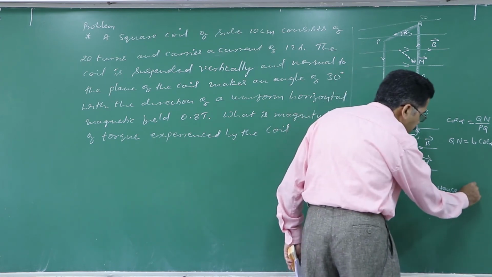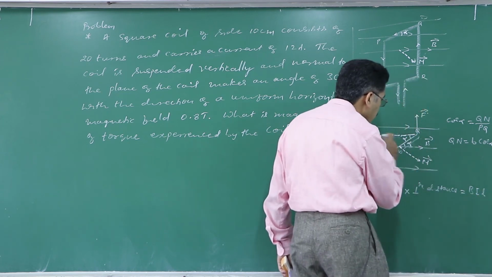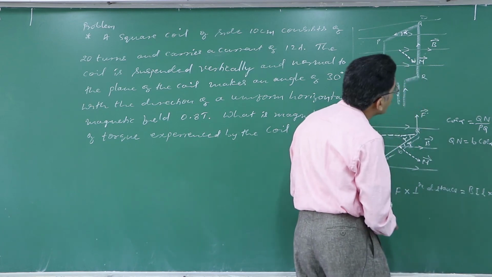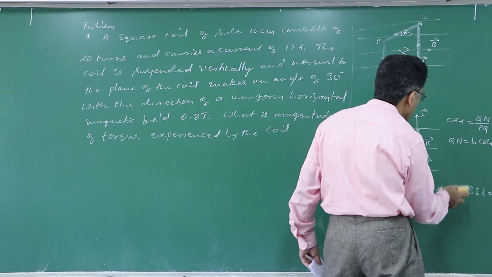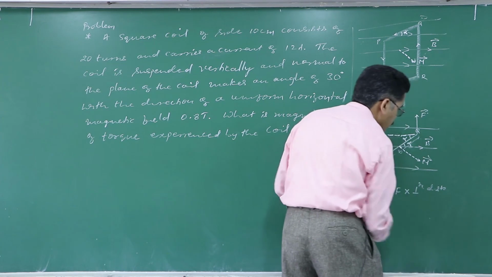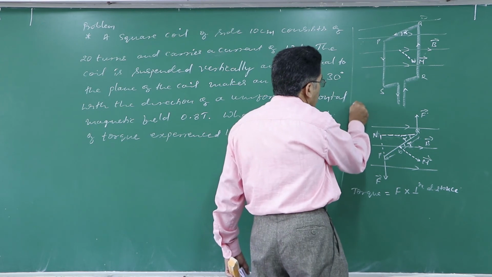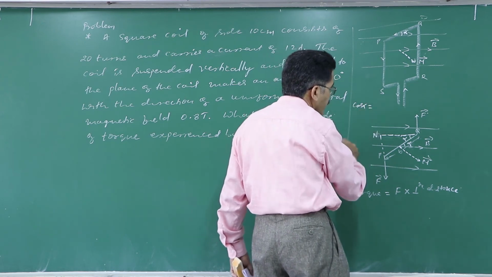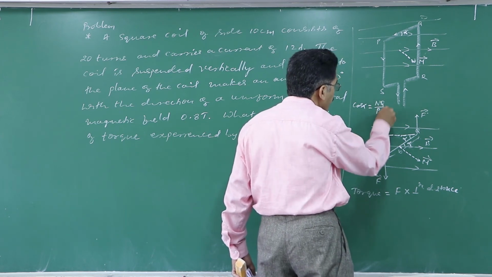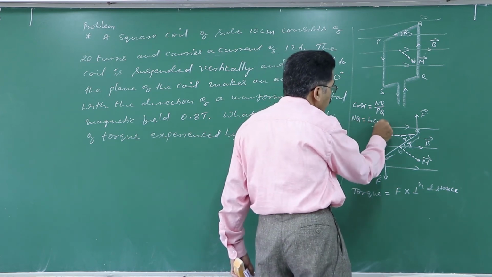What is force? Maximum force is B into I into l, and the perpendicular distance is QN. Cos alpha is equal to NQ divided by PQ. Therefore NQ is equal to b cos alpha.